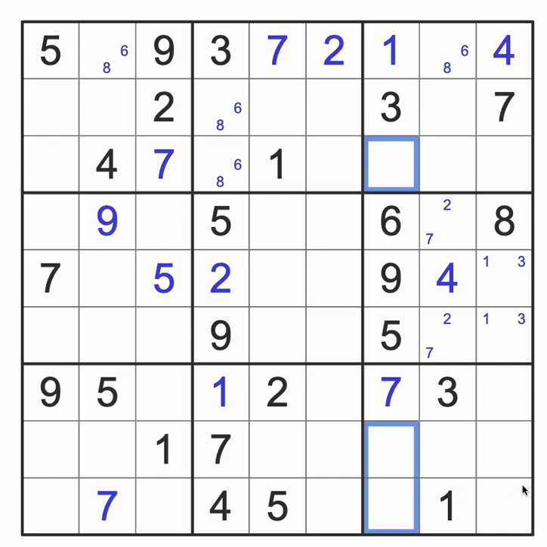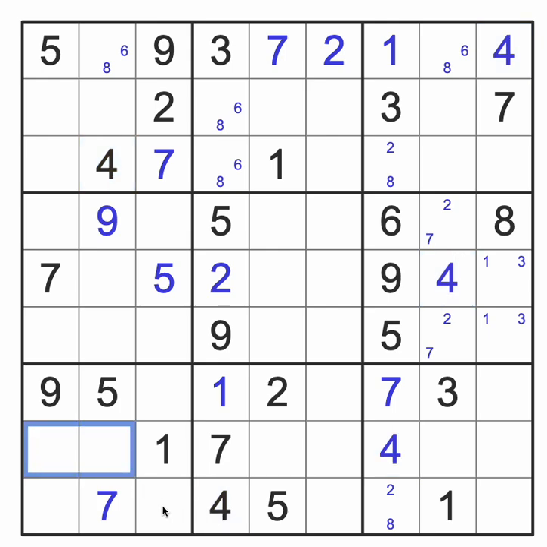This 7 blocks here, gives me 7 here. And this column is missing 2, 4, 8. But this 4 blocks this cell. Here's another 4 that blocks this cell. That gives me 4 here. And this 4 blocks here.